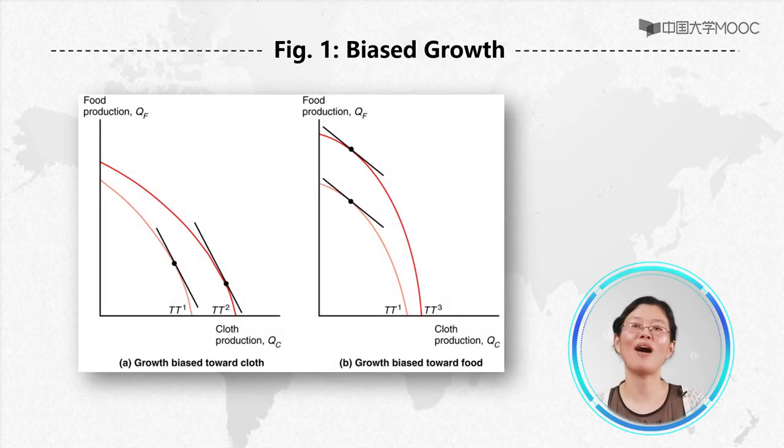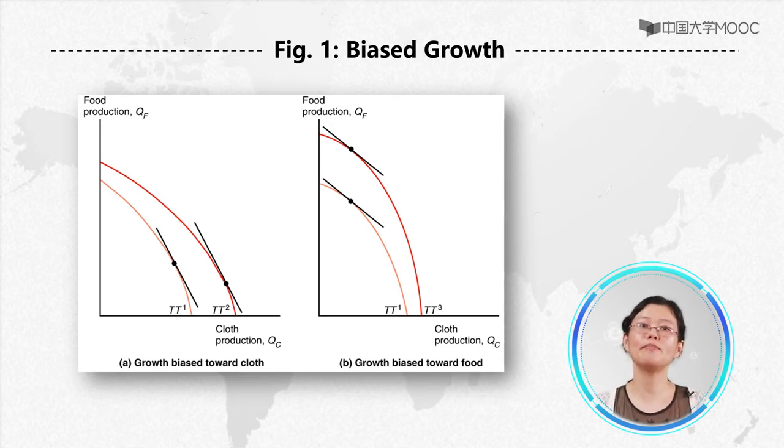Look at Figure 1, Panel A. The production possibility frontier shifts from TT1 to TT2. The growth is biased toward crops, while panel B shows growth biased toward food. Suppose the relative price of crops is given.